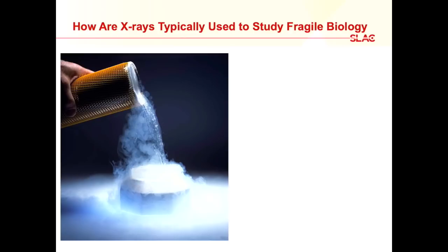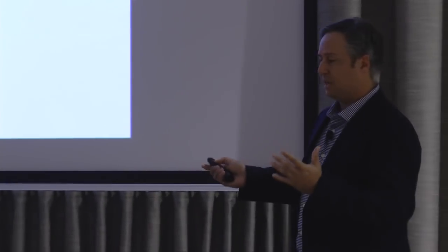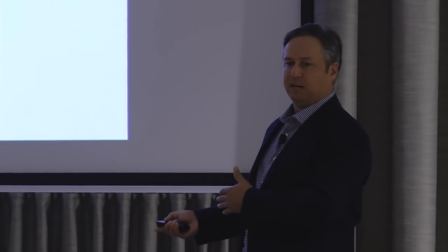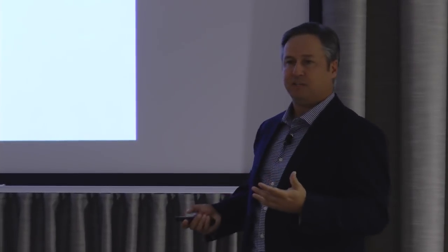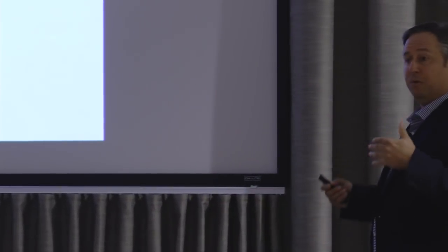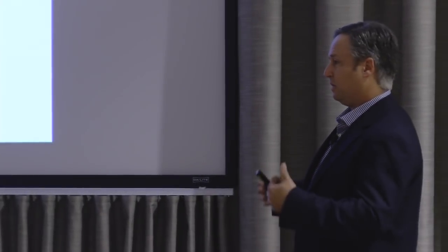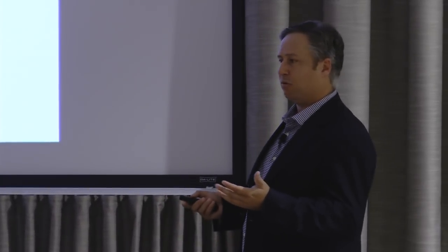This works great, as I said, but it's not ideal because you end up looking at the sample not in its natural state. Freezing something at liquid nitrogen temperature does not give you the natural environment of the molecule. It's not at the temperatures of life. It may freeze the sample in a position that's not natural, right?